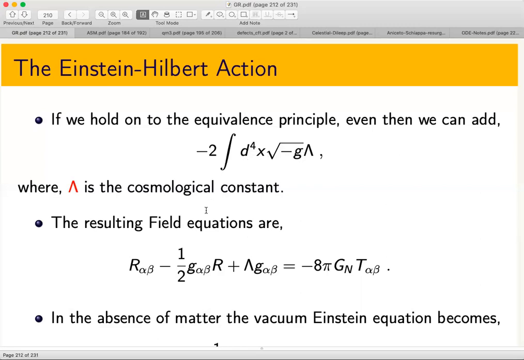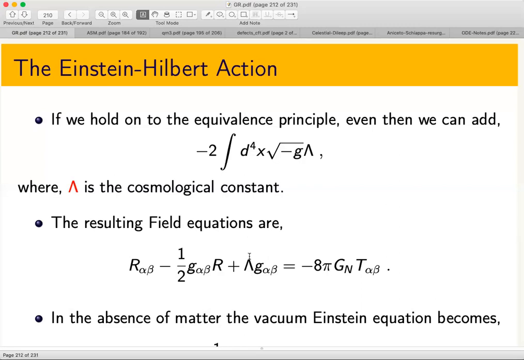If you add this term to the action and do the variation, you get the equation of motion with a new term out here.